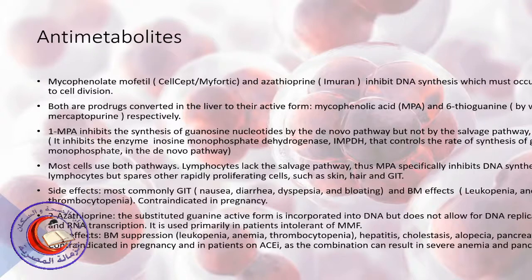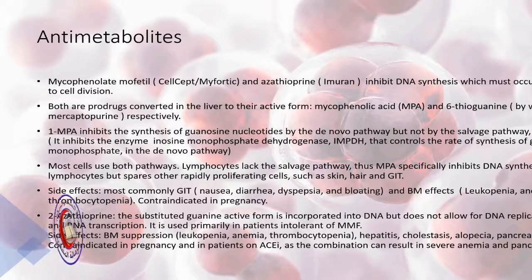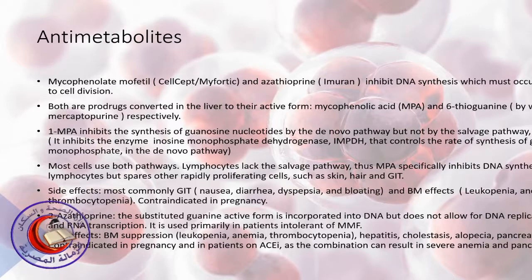Mycophenolic acid inhibits the synthesis of, and I mean, these are details that are important in the case of mycophenolic acid. It inhibits the synthesis of guanine, which is necessary, one of the 4 bases in the DNA. It does this by inhibiting what is known as the guanosine nucleotide synthesis de novo pathway, but not the salvage pathway.